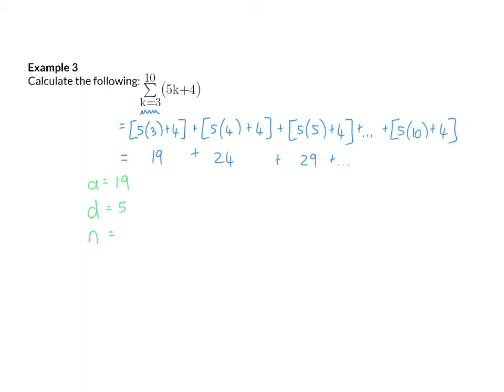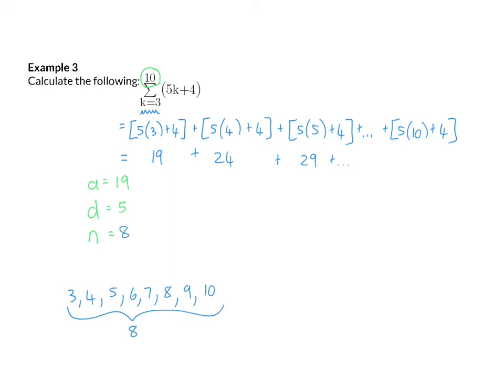Because we did not start by substituting in 1, 10 will not be the number of terms. We now need to think, if we started by substituting in 3, then 4, then 5, 6, 7, 8, 9, and 10, we actually only have 8 terms.